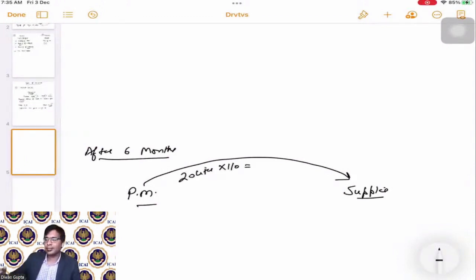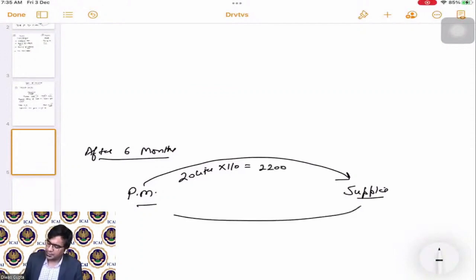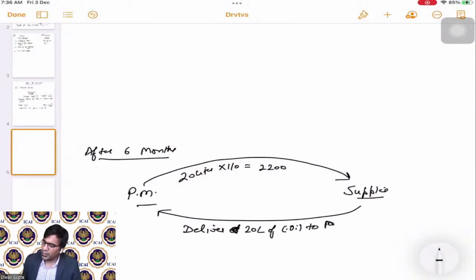So 20 liters into 110 comes to 2200. The supplier delivers 20 liters of crude oil to the procurement manager. Very simple, very straightforward transaction. This is the forward settlement.